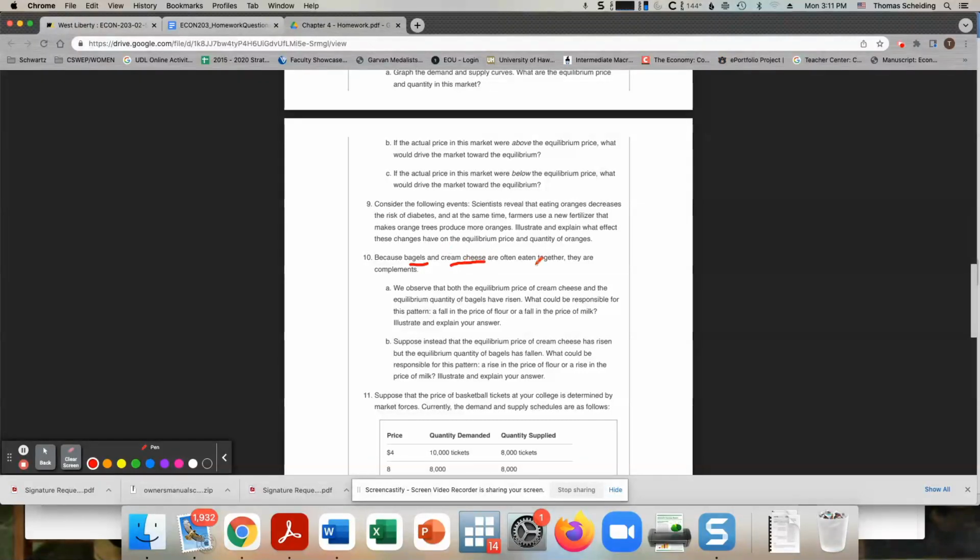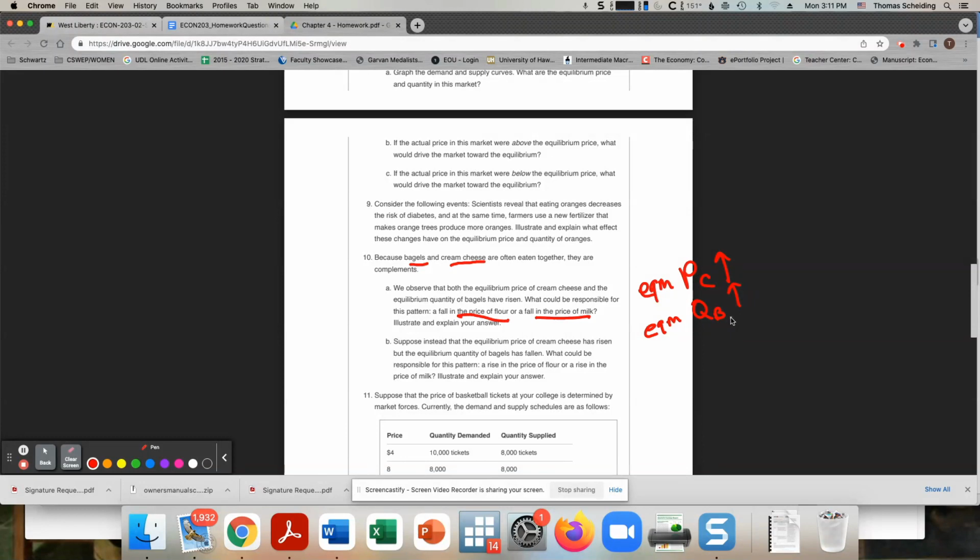We have to decide which of these would cause the equilibrium price of cream cheese to rise and the equilibrium quantity of bagels to also rise.